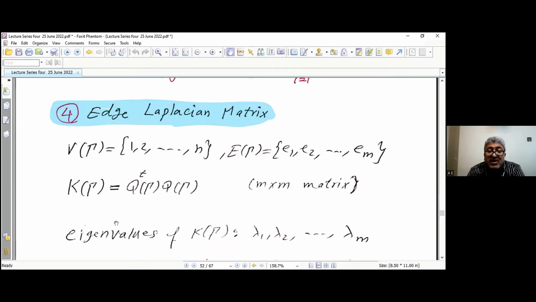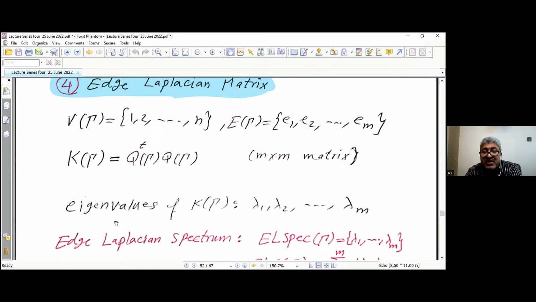If the eigenvalues of the H Laplacian matrix are lambda 1, lambda 2, until lambda m, then the H Laplacian spectrum of gamma is the set of all eigenvalues of the H Laplacian matrix.